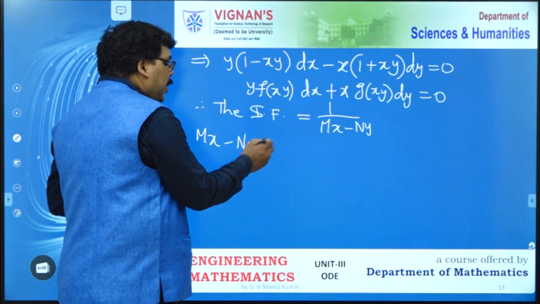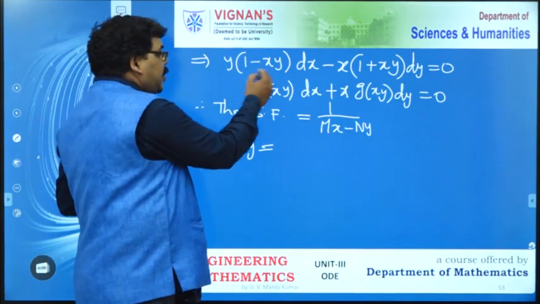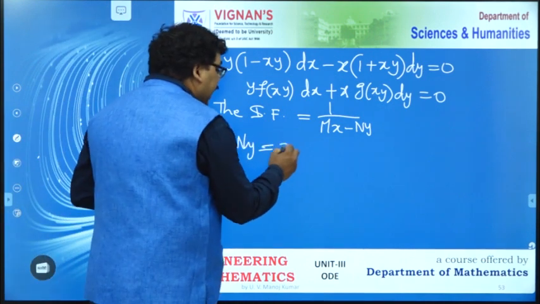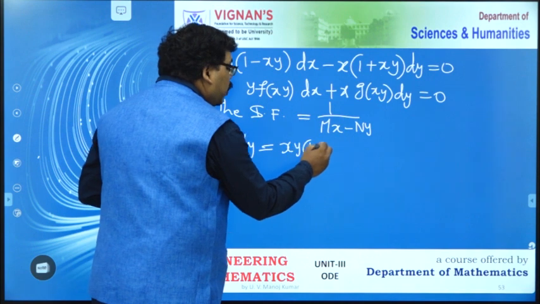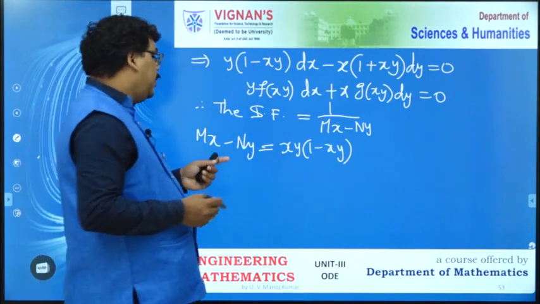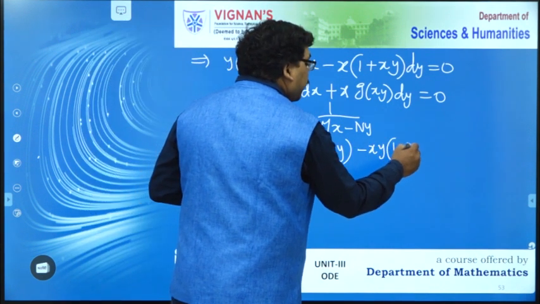You know already M, I am multiplying that with x, so xy into (1 minus xy) minus xy into (1 plus xy).